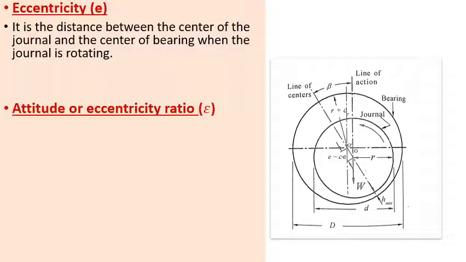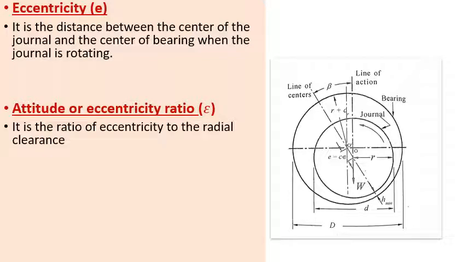So next is attitude or eccentricity ratio, denoted by epsilon. So this is nothing but the ratio of the eccentricity e to the radial clearance CR. So that is given by this expression.